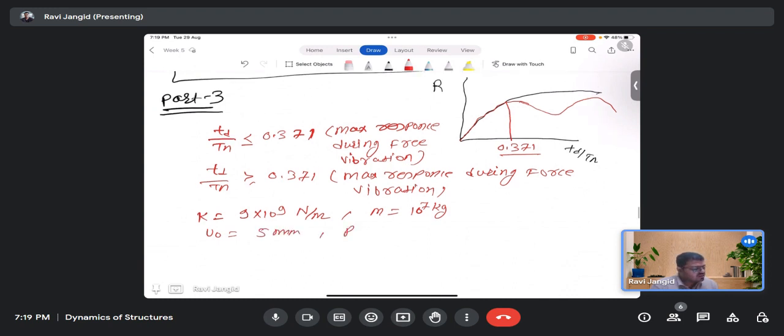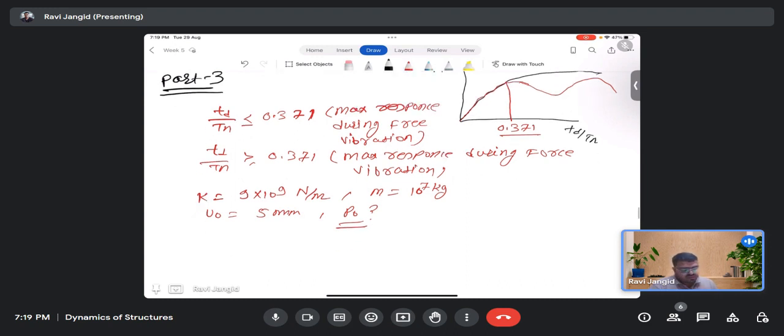So we need to find out the P naught. First find out the Tn. Can anyone give me the Tn? Please try. I know you will get bored during the derivation, but it will be helpful for you in some other exam or somewhere, on how to get the maximum response.